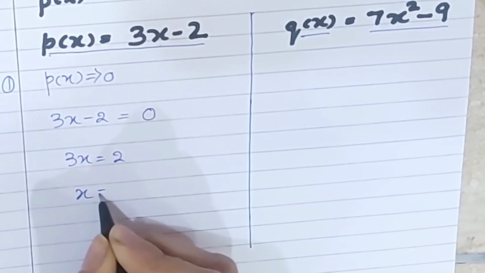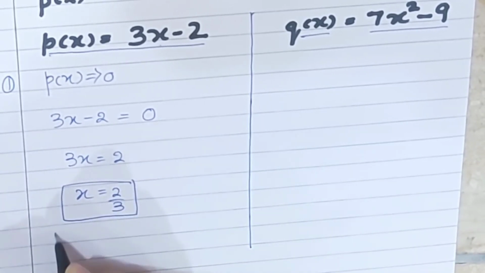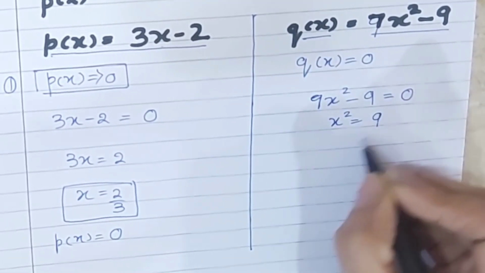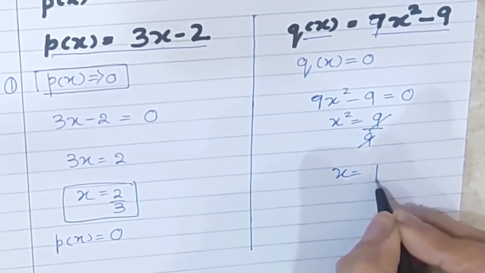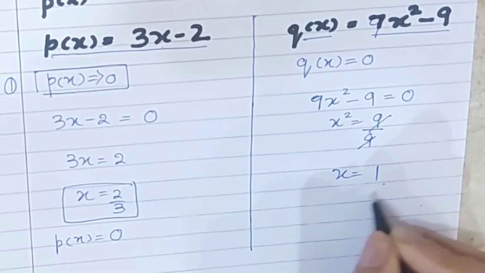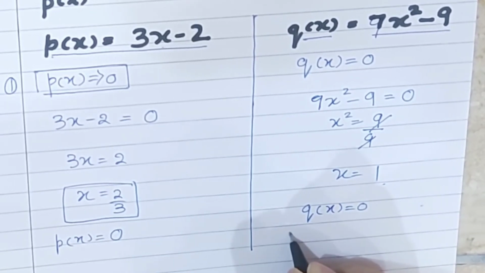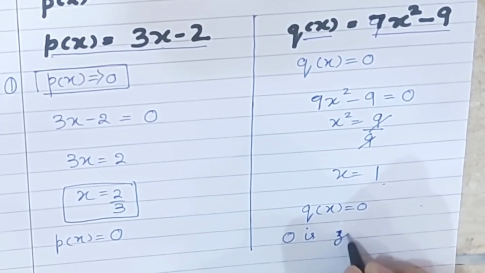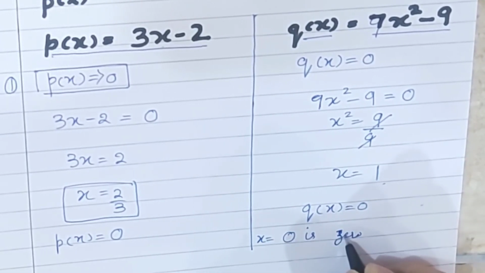So the value of x is equal to 2 by 3. For this value of x, the polynomial value is 0. Now x is equal to 1. For x is equal to 1, the polynomial is 0. That means the zero of this polynomial is x is equal to 0.